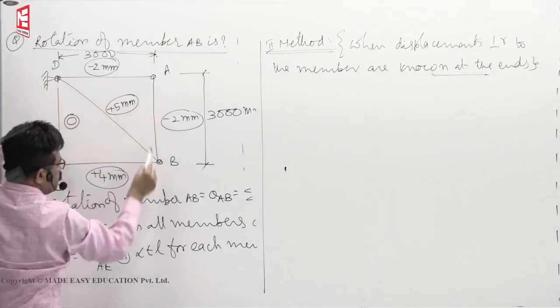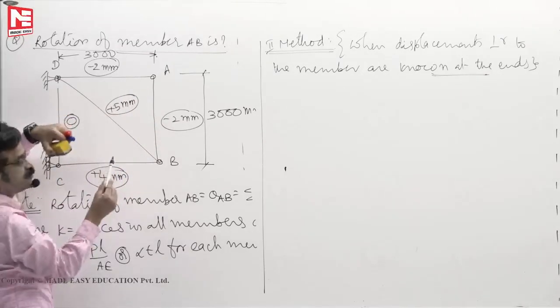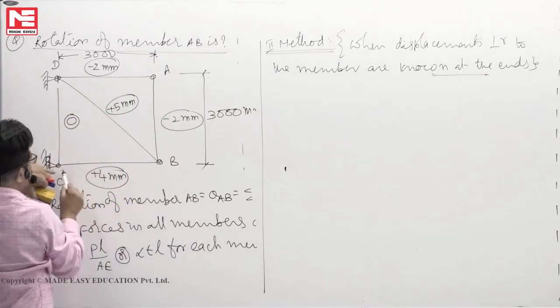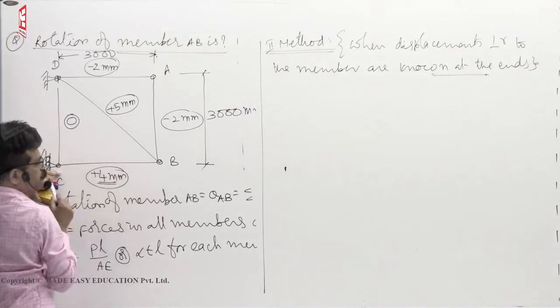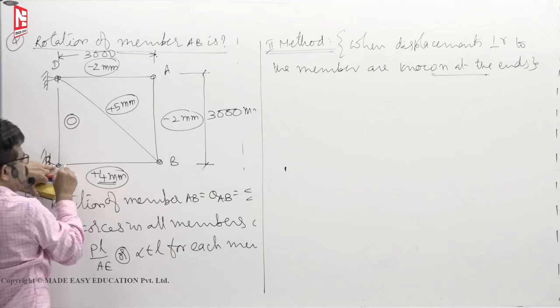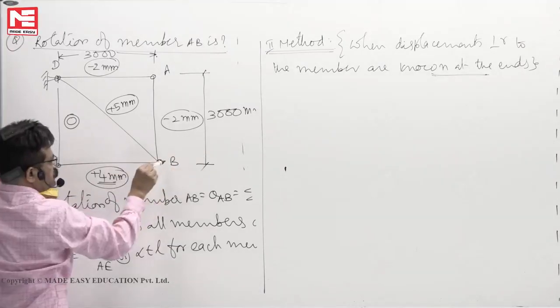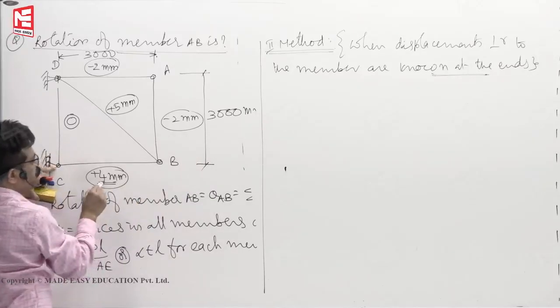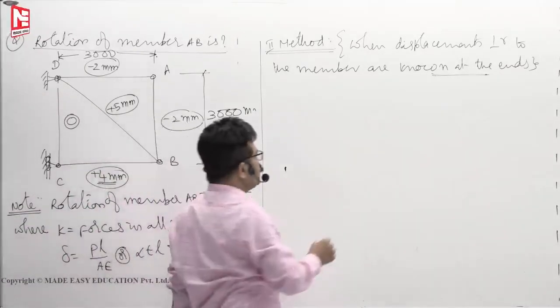So in the direction perpendicular to AB, how much A moves we know. Come to the CB member. This CB member is elongating by a distance of 4 mm. Now stand at C, look at B. B will go out by 4 mm because it is elongating. So the perpendicular direction displacement is known.